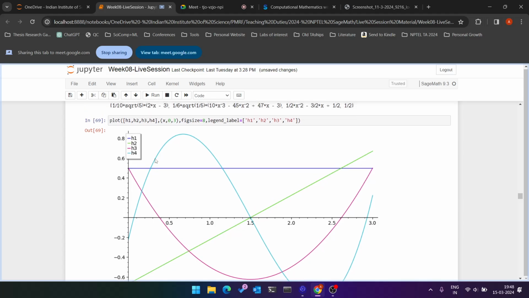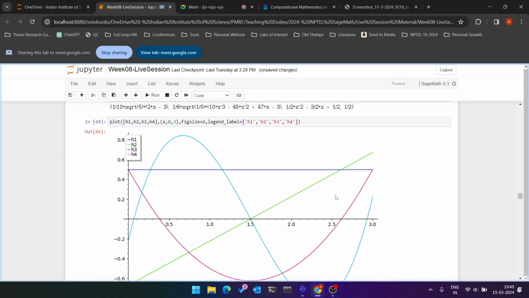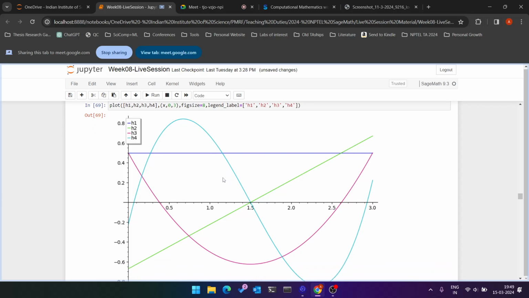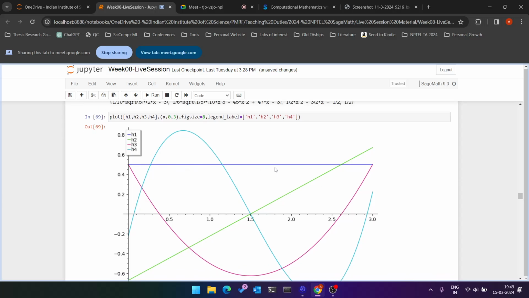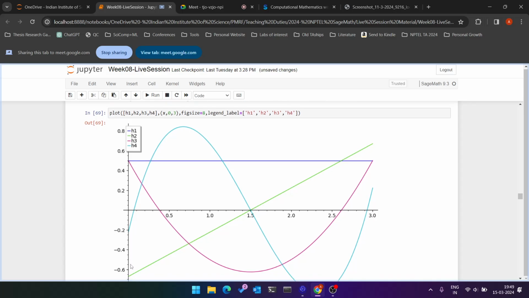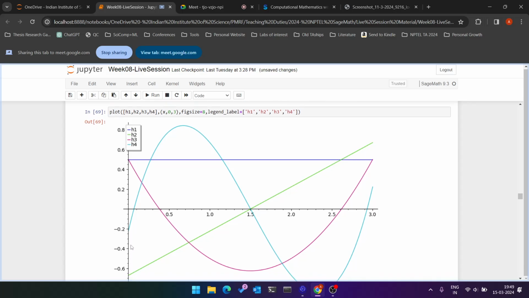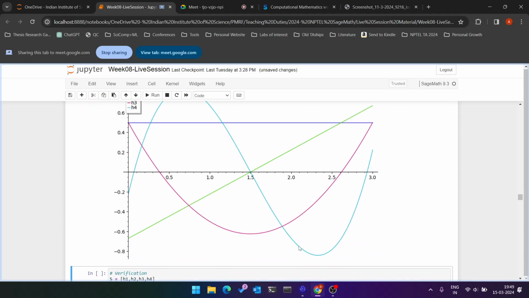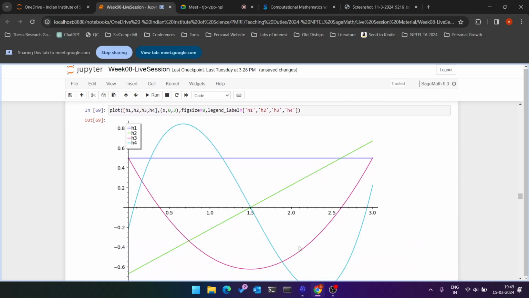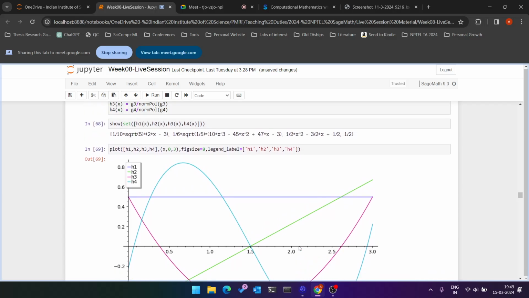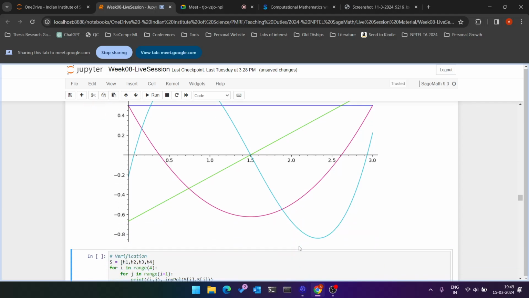So h1 is simply 1 by 2, so it's a constant, a straight line. H2 is a straight line intersecting at x equal to 1.5. H3 looks like a quadratic function and h4 looks like a cubic function. So these are my polynomials, four polynomial bases.